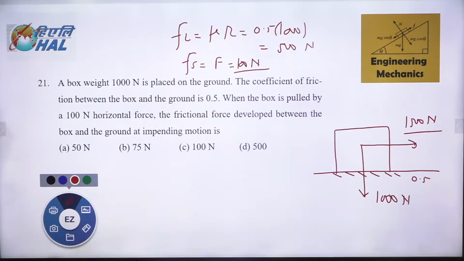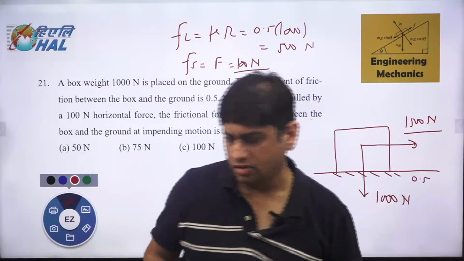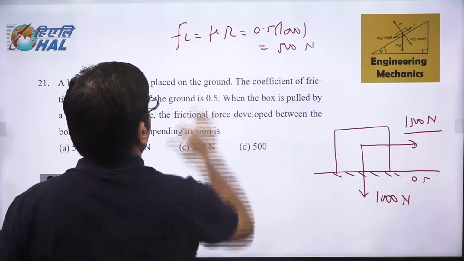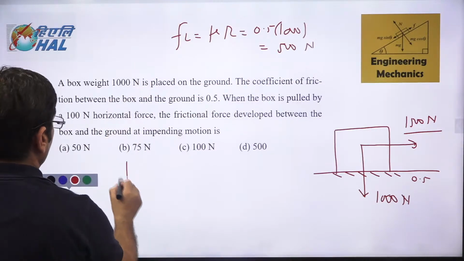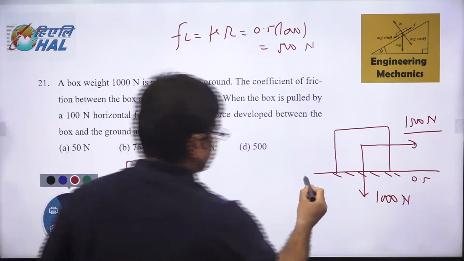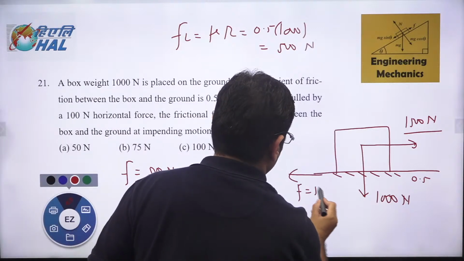Tell me what is the friction acting now and what is the acceleration acting now. So if I increase the force and make it 1500 Newton, tell me the acceleration and the friction force acting now. So now in this case, the friction force will be equal to 500 Newton. That is the friction force acting, 500 Newton.